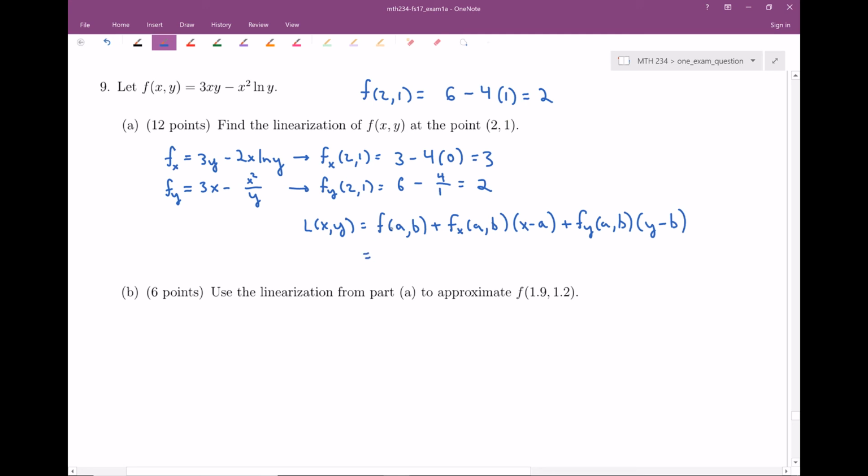We already know f of 2, 1 is 2, and the partial derivative with respect to x at 2, 1 is 3. So this is going to be 2 plus 3 times x minus 2, plus the derivative with respect to y, which is 2, times y minus 1. This right here is my linearization.